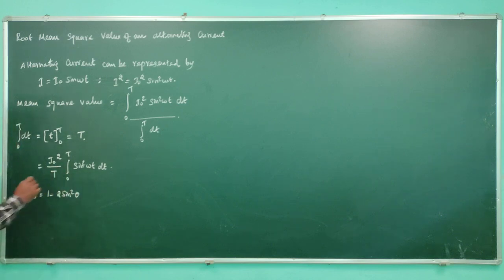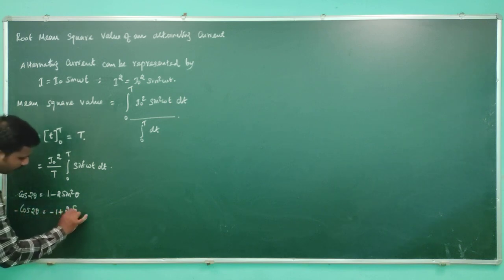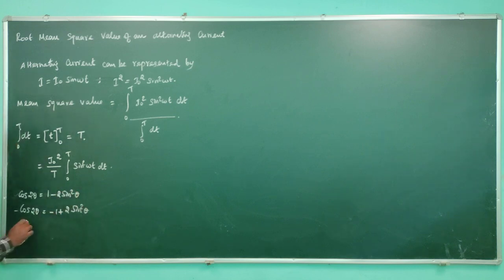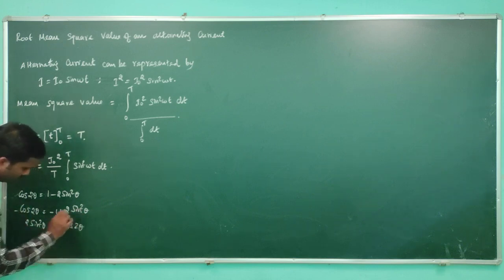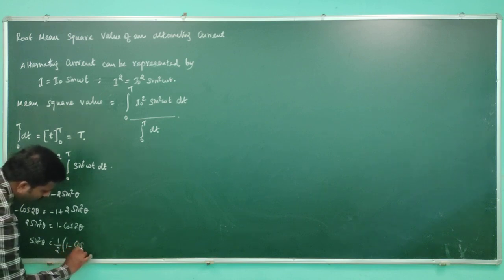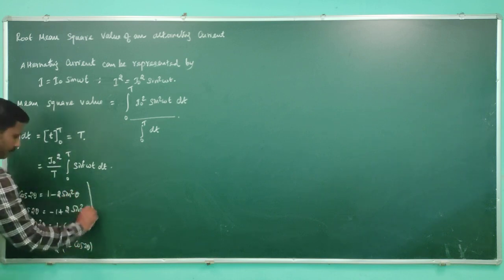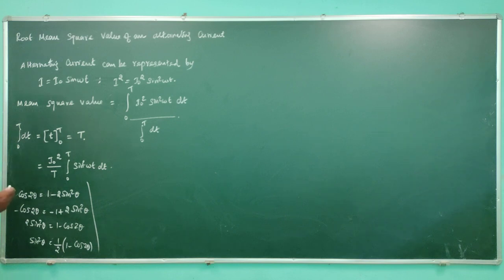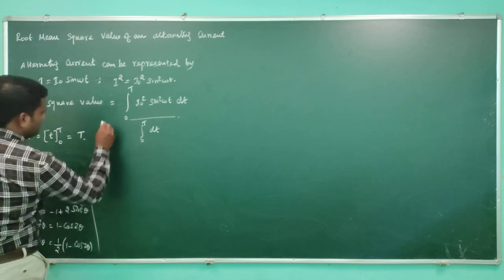If you multiply either side by minus, minus cos 2 theta equals minus 1 plus 2 sin square theta. Rewriting for 2 sin square theta, we have 1 minus cos 2 theta, so sin square theta equals 1 by 2 multiplied by 1 minus cos 2 theta, right?